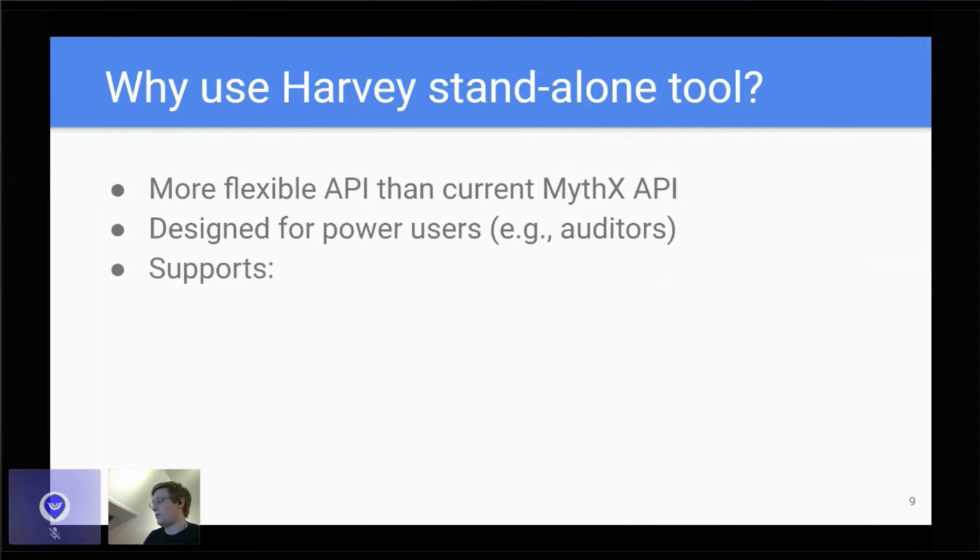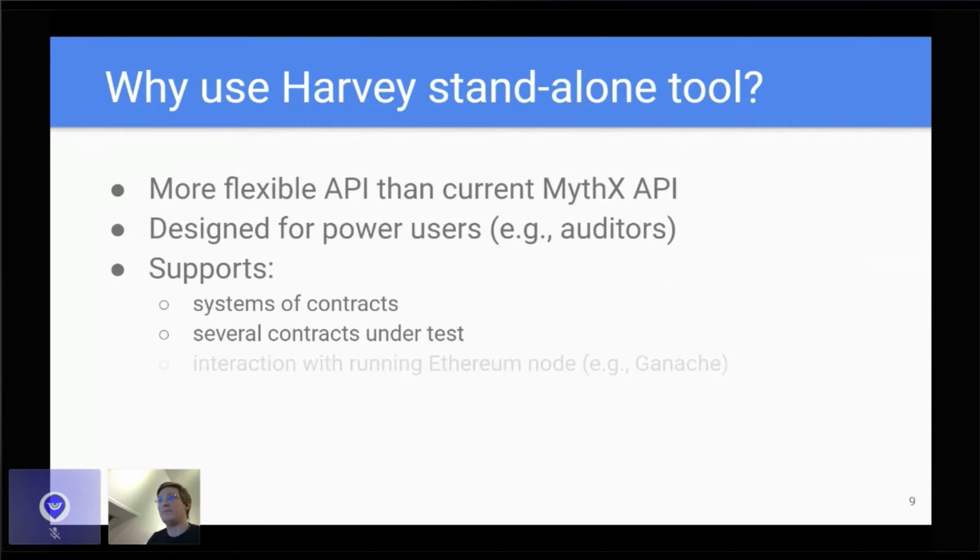It supports a lot of cool things, and I'm just going to mention a few of them here. As I said, it supports analysis of systems of contracts. It can also analyze several contracts under test, so several contracts that will be fuzzed at the same time. It also allows you to interact with an existing running Ethereum node, like one you might use during development.